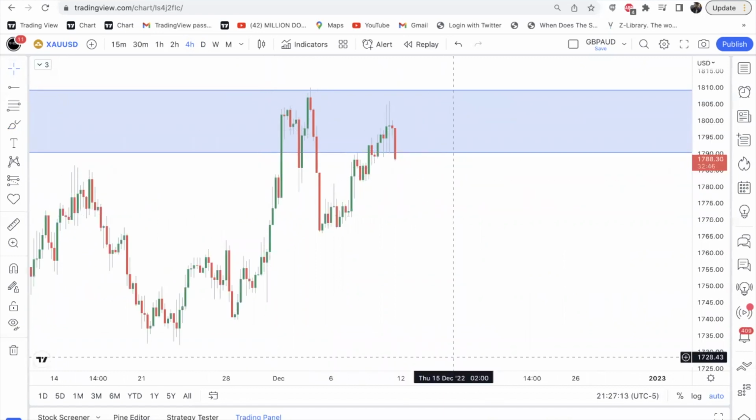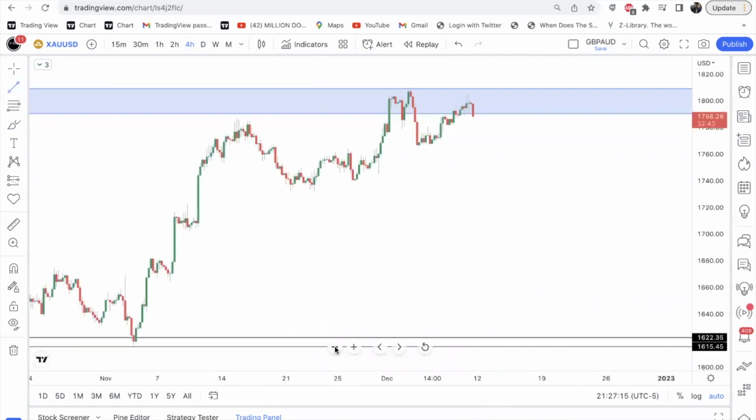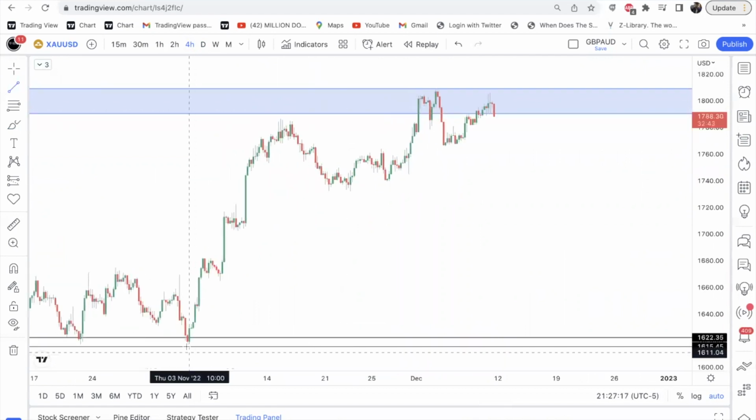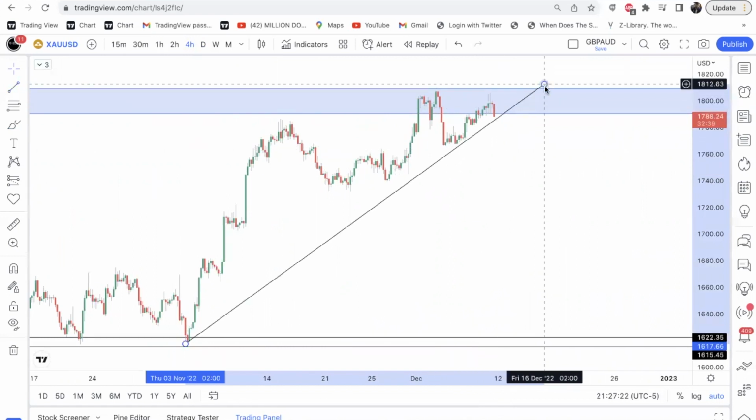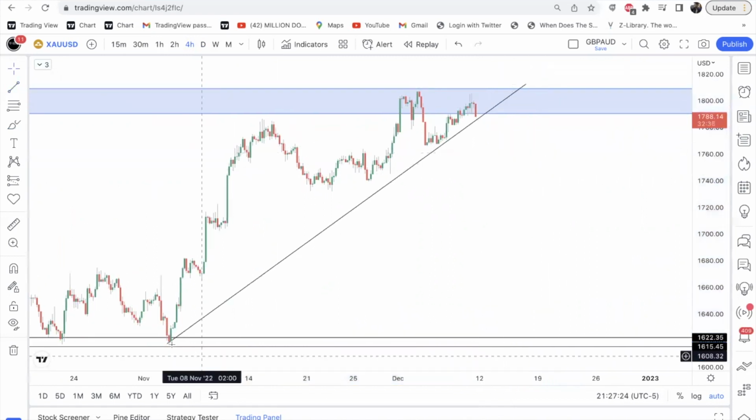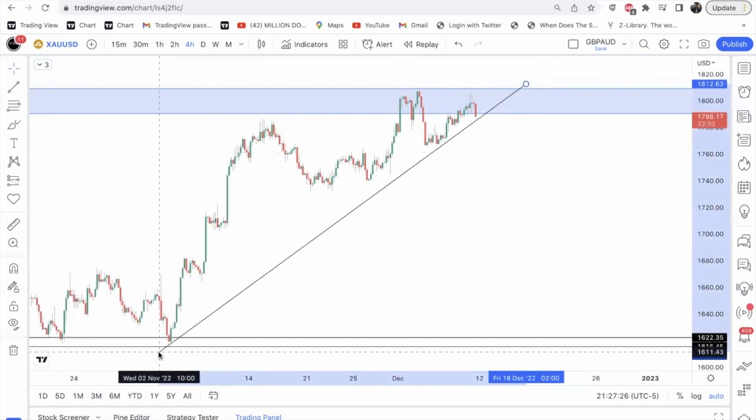All right. So I'm interested to see how it's about to play. With this, I can also take a counter trend line, right here.